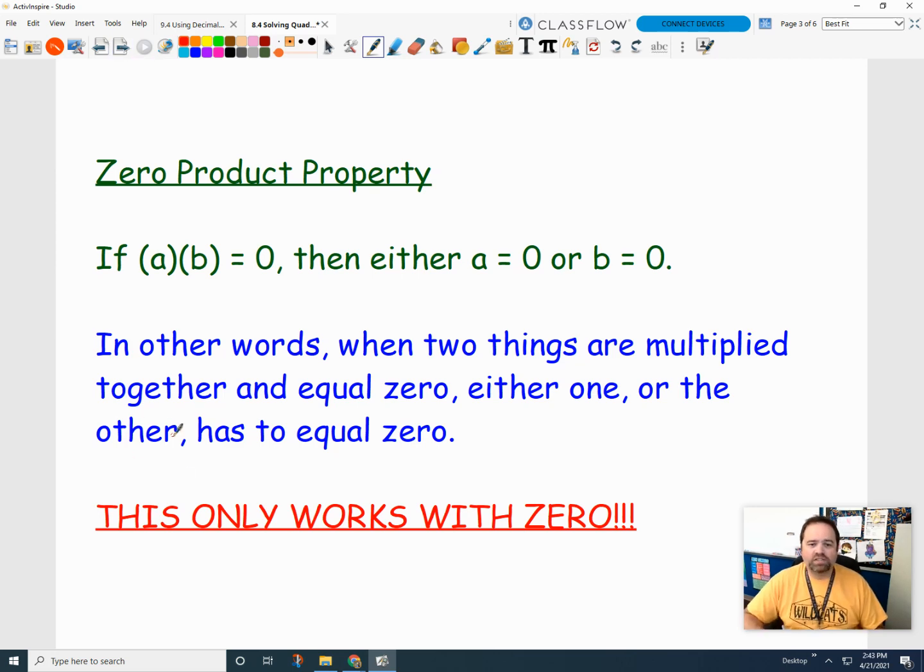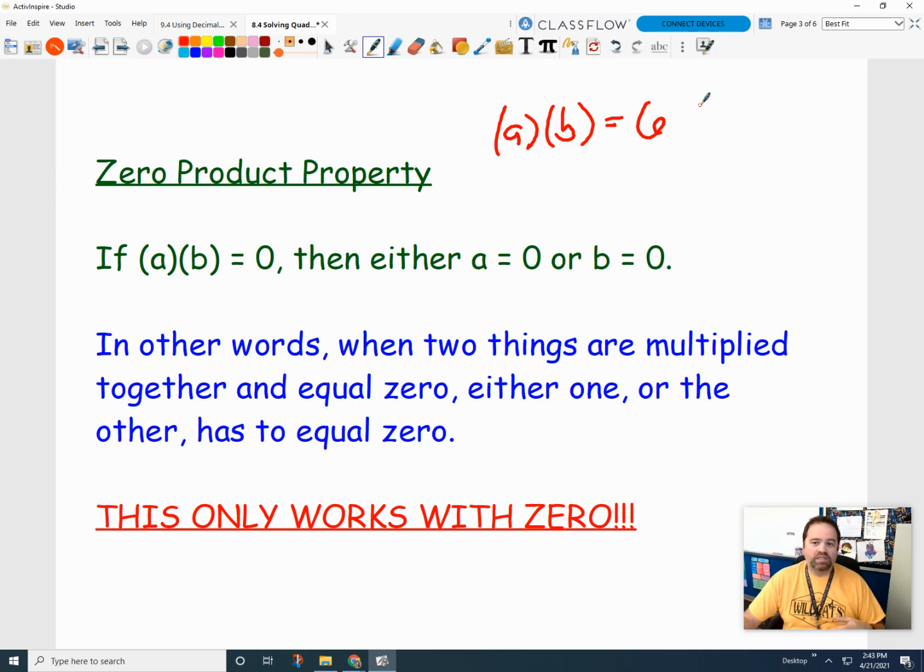So what this says, plain and simple, is if I multiply A and B together and get 0, then one of them, A or B, had to be 0. I don't know which one. It could be either. It could be both. And this only works with 0, right? If I did the same thing and it was A times B equals 6, there's an infinite number of ways I can make that happen.